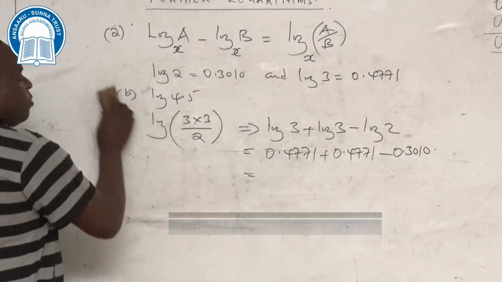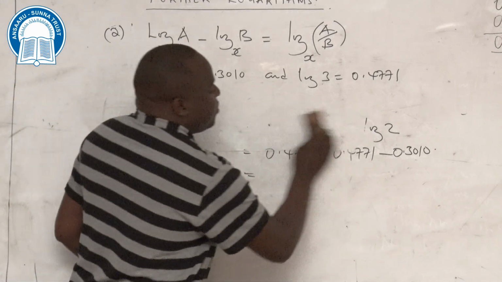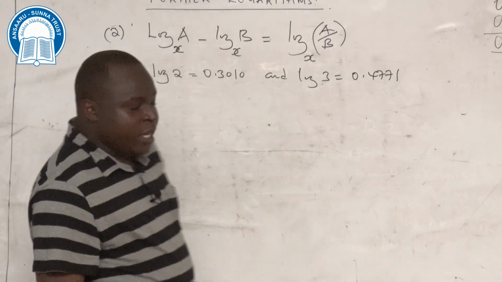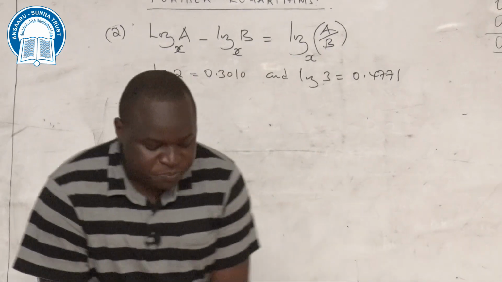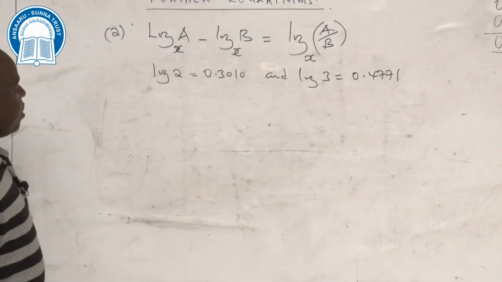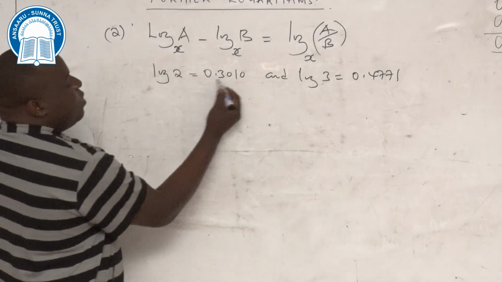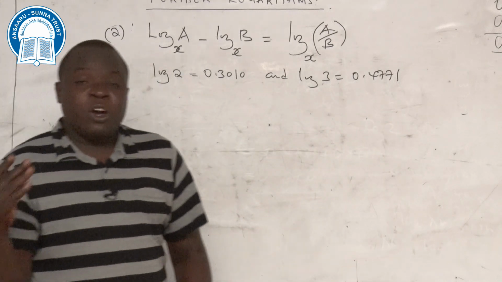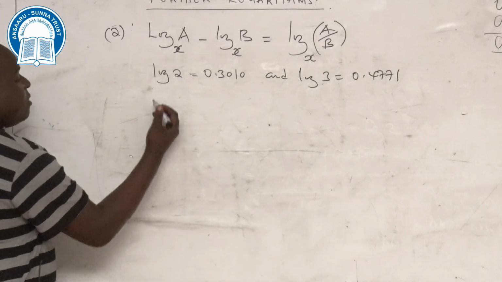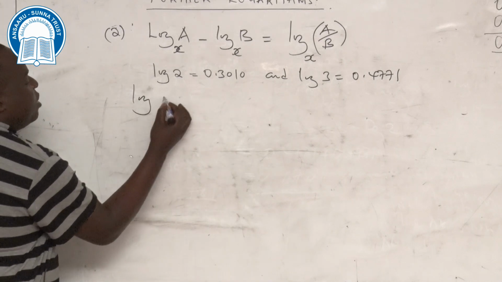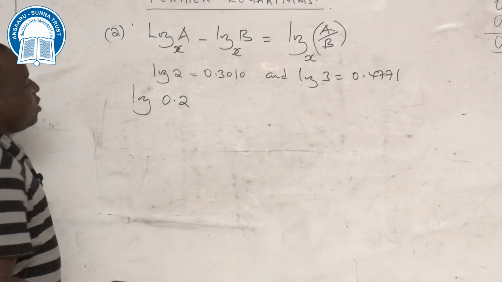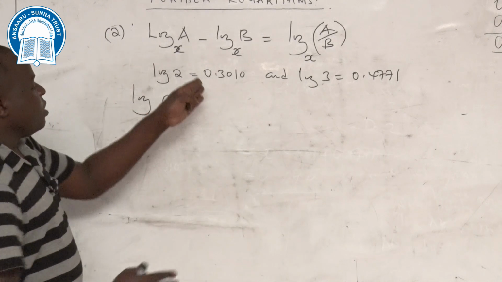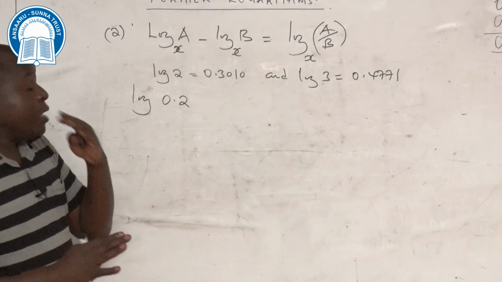The third example, which I want you to be very keen on, still using the same values. If the question was given that log 2 equals this, log 3 equals this, without using tables or a calculator, find the value of log 0.2. First of all, in this question I'm just using one of the laws.